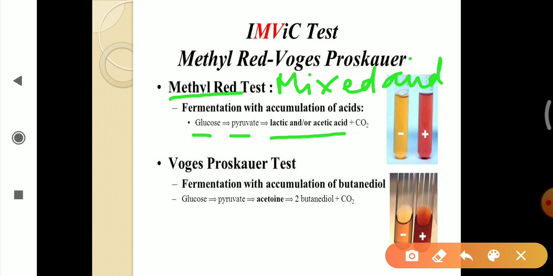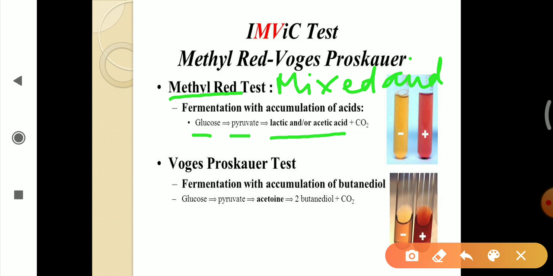Pyruvate is further converted into a mixed amount of acids such as lactic acid, acetic acid, formic acid, succinic acid. So a greater amount of acid is produced, and our GPB broth is strongly buffered.